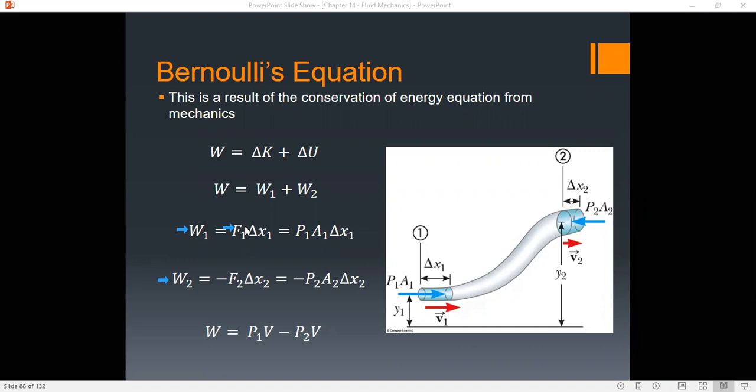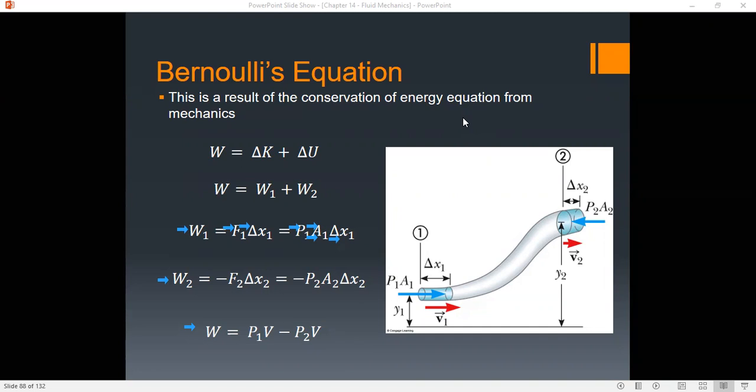Work equals force times displacement. We can substitute in for the force and displacement with pressure, which is force per unit area, and area. And then looking at area times distance, that is volume. So the work is equal to the difference in the pressure times the volume. So that's where that first term comes from.